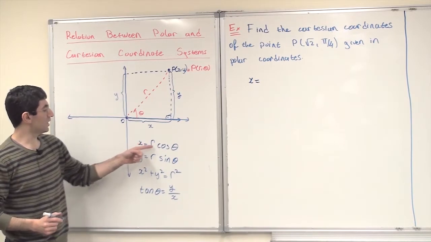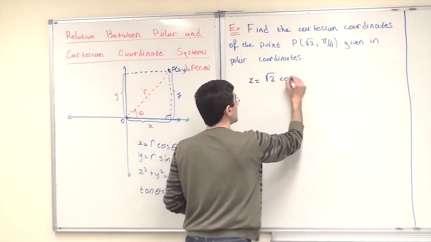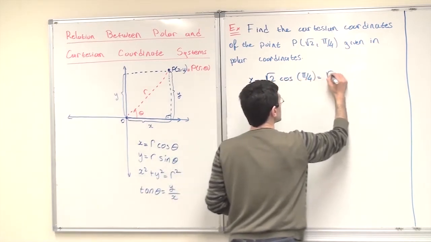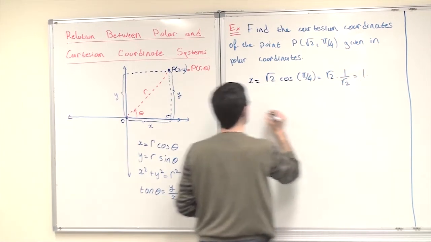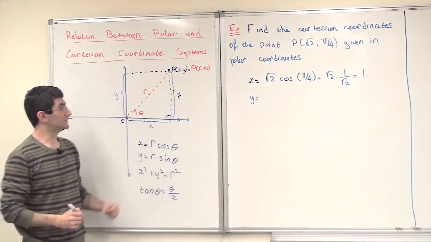X is equal to r cosine theta. So square root of 2 cosine of pi over 4, which is square root of 2 times 1 over square root of 2, which is 1. And the y is r sine theta.